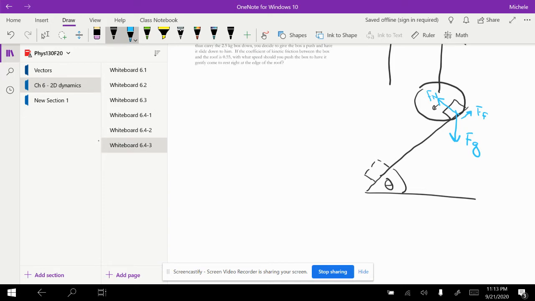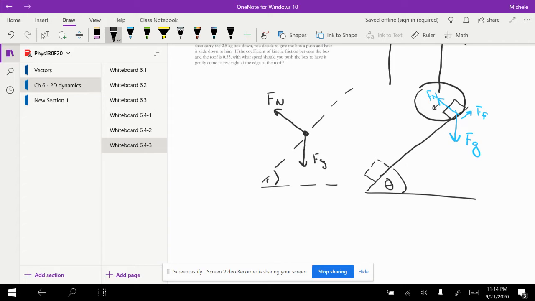So let's convert that to a free body diagram. With my free body diagram, when I rotate the coordinate system, I like to keep that angle so I can figure out the angle of the normal. So I want to make sure the normal, this is the force of the normal, is perpendicular to my surface. And then my force of gravity is down like this.